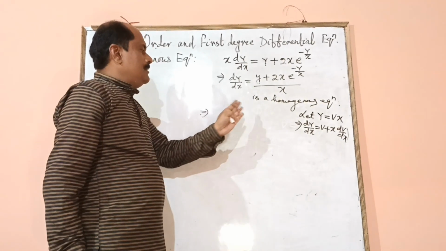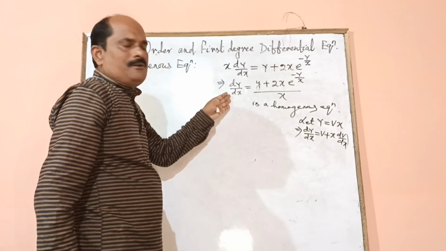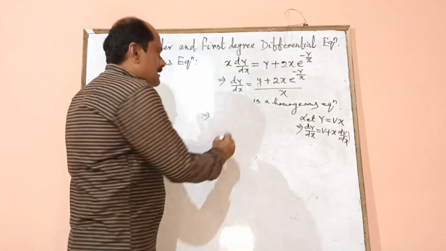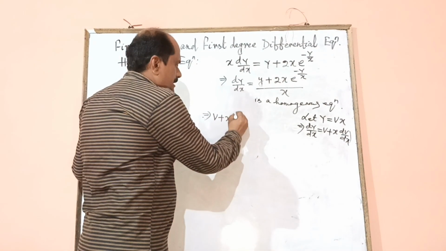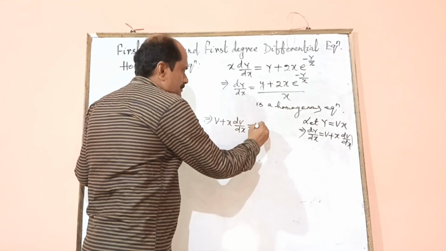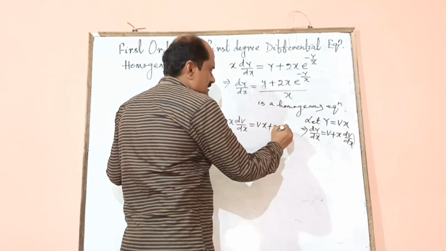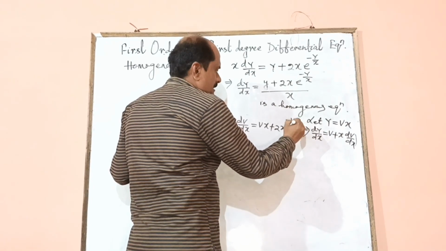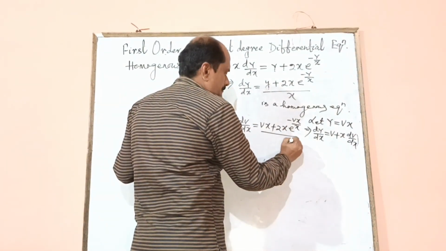Now we put v + x dv/dx in place of dy/dx, and y is replaced by vx. So v + x dv/dx = (vx + 2x e^(-vx/x))/x.